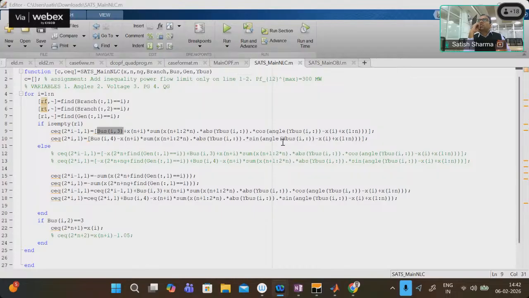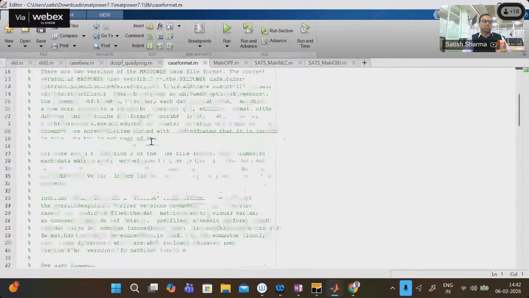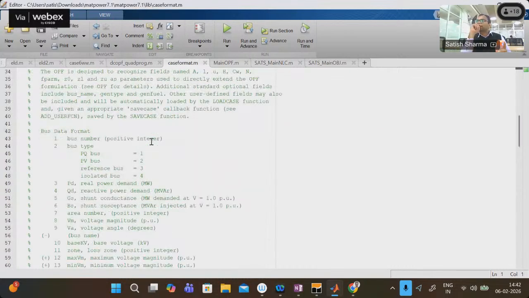It is basically row i, column 3 of the bus variable. Bus is not a variable; it's a matrix. What does column 3 represent in the bus matrix? Yes, the third column represents the real power demand.